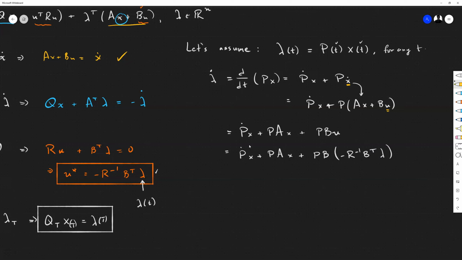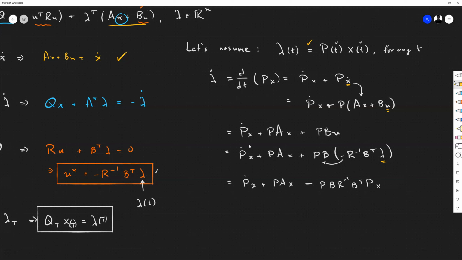But we can keep going even further. What is lambda? Well, lambda is given by this guy. This is our assumption, right? Equals p dot x plus p ax minus, pull this negative sign out, p b r inverse b transpose. And now what's lambda? Lambda is just px.